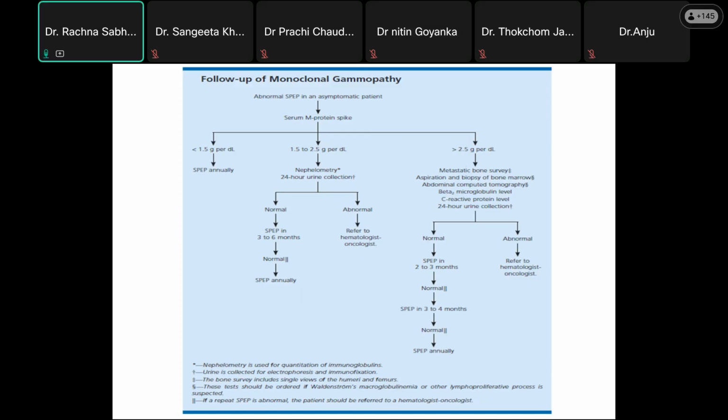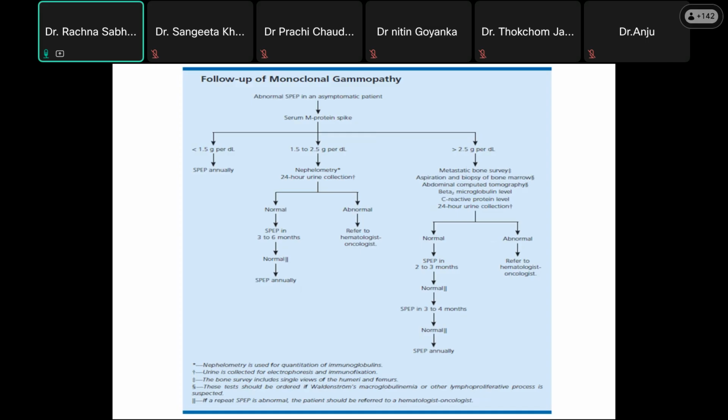If the level of M protein is between 1.5 to 2.5 gram per deciliter, we perform nephelometry to quantify the levels of proteins again, and we perform 24-hour urine collection as well.